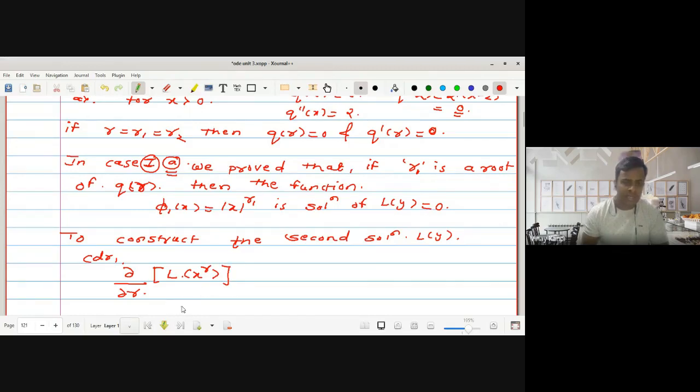What we do with this will be understood later. Okay, consider dou by dou r of L of x raised to r is equal to dou by dou r of what is L of x raised to r?